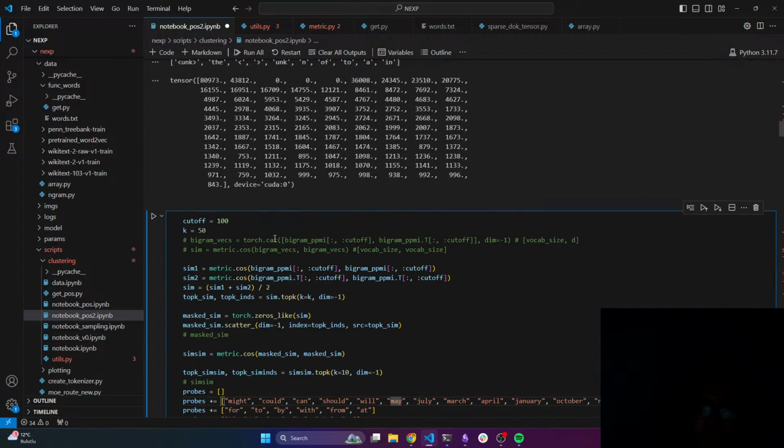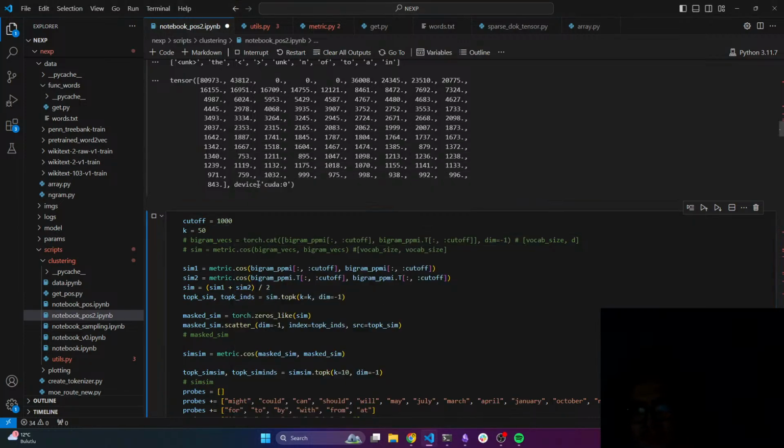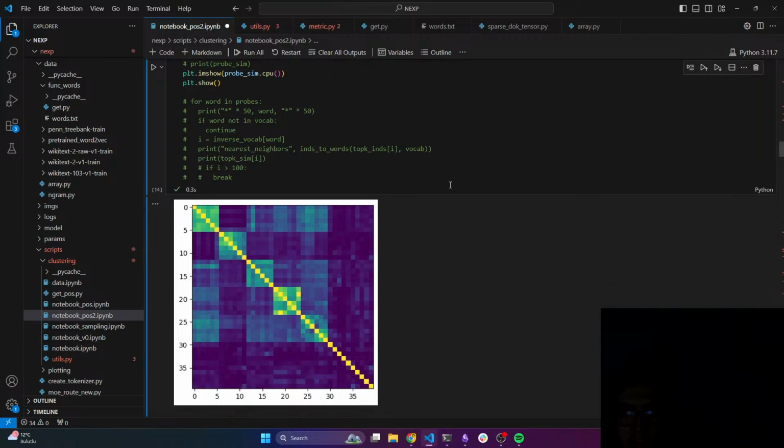And by the way, we are only using the top 100 most frequent words as context. This is a notable part. We could use much less. If you use fewer words, the blocks still remain, but the values are different.